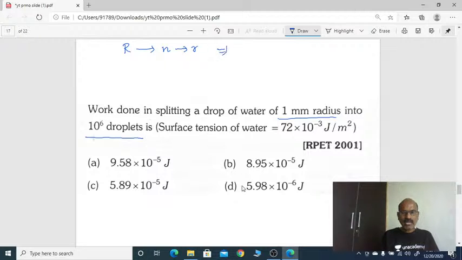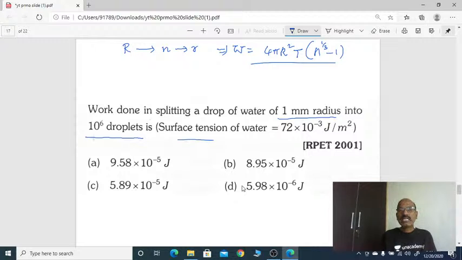The work done in this case, we know the formula, is 4 pi R square into surface tension into n power 1 by 3 minus 1. We have seen this, right? This is the work done to split the heavier drop into smaller drops.